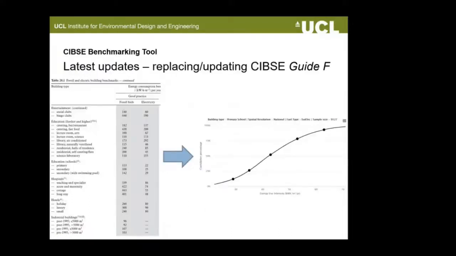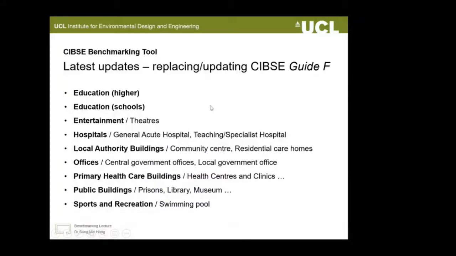So in terms of the latest updates on the tool, what we've been doing so far, and will continue to do, is to replace or update the benchmarks from CIBSE Guide F using data from whichever source we have acquired data from. So far, we have introduced new benchmarks for education, so the higher education side for universities, based on one of our engineering doctorate projects.